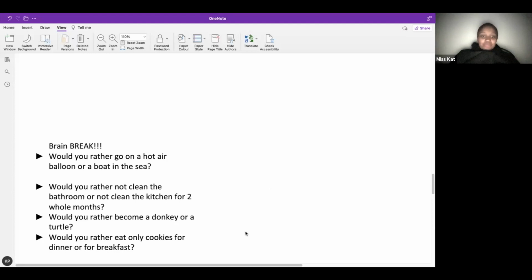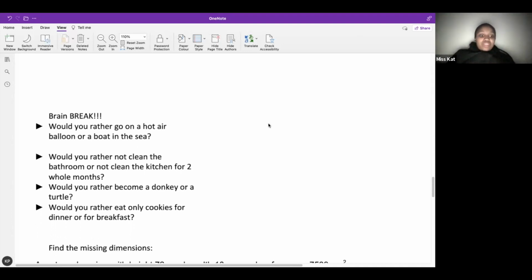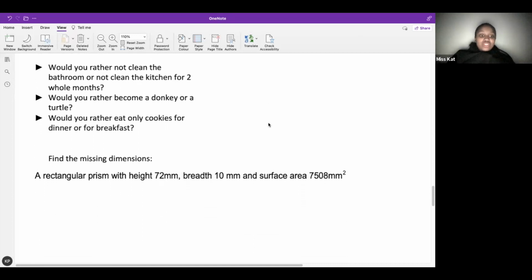Are we ready for the next section of our lesson? Of course, guys, we want to be ready for our exams. So let's find the missing dimensions.